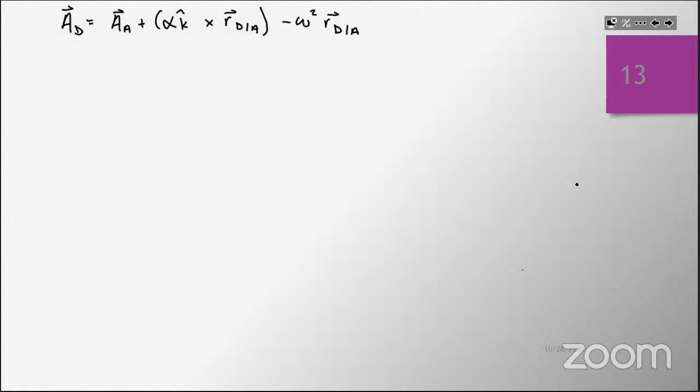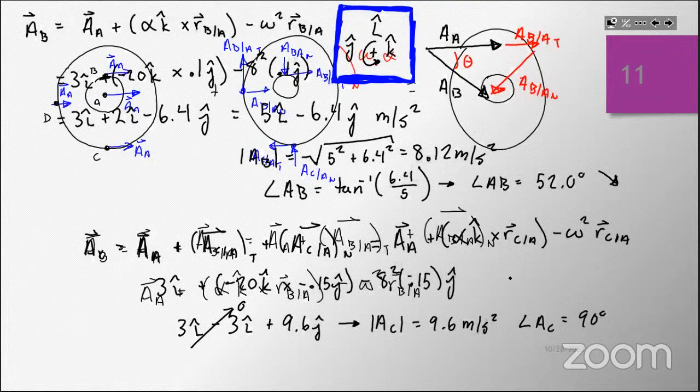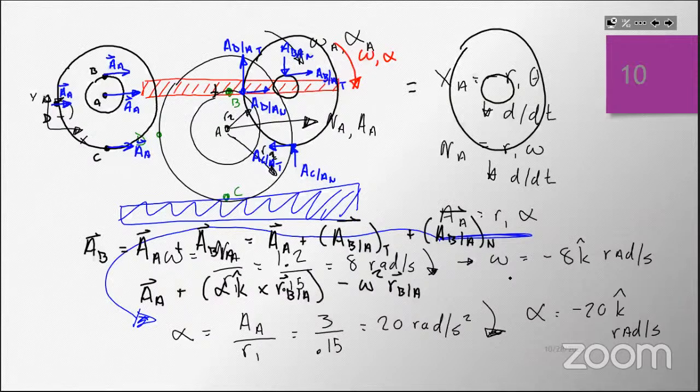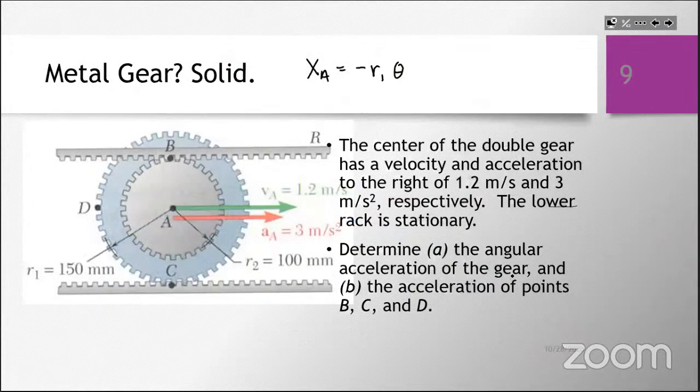I'm going to take us back up to the original drawing. Right, this means that I'm going to need R of D with respect to A. So if I'm standing at point A, how do I get to point D?